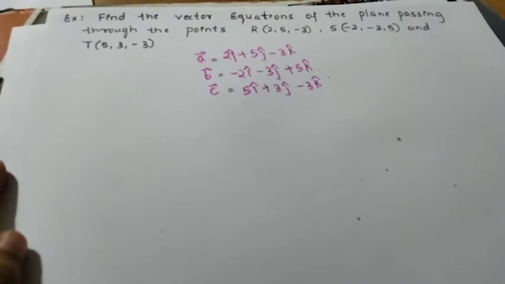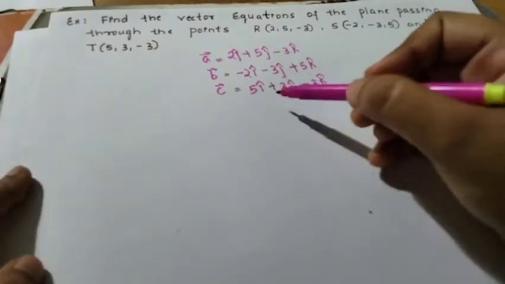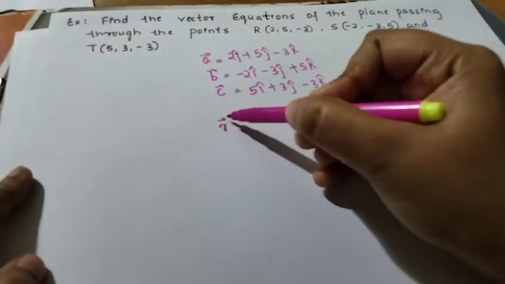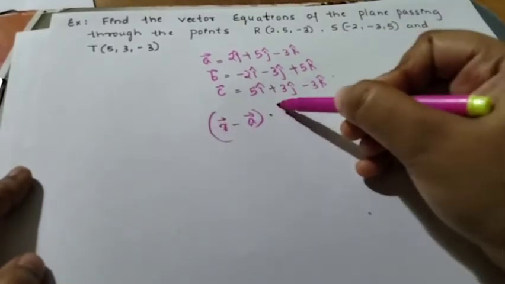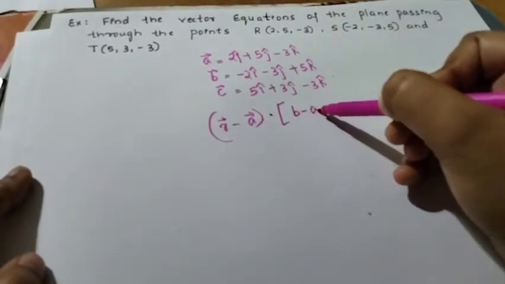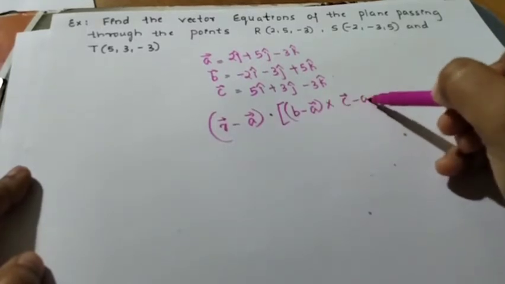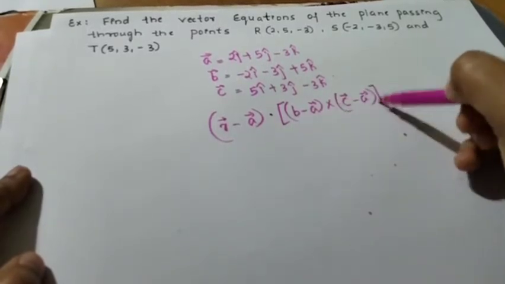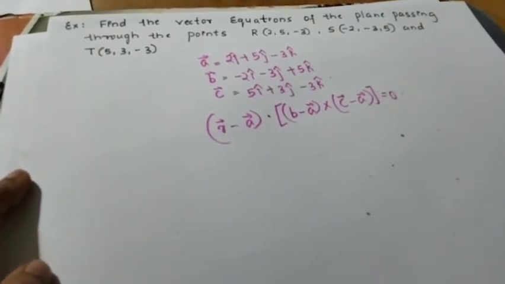So A, B, C, 3 vectors you have to take. Now I write the vector equation for 3 non-collinear points. It is given by r minus a dot product with b minus a cross product c minus a is equal to 0.